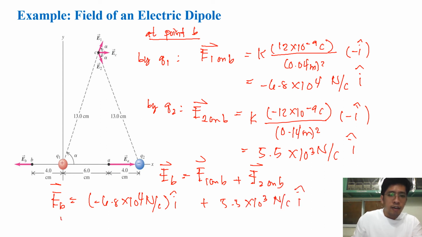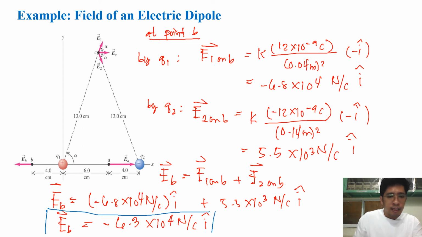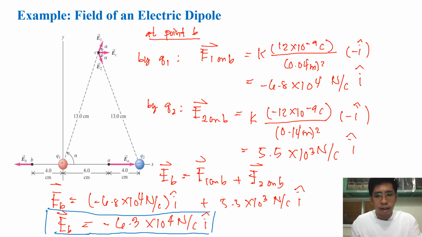You get an answer for EB, the electric field at point B, equal to negative 6.3 times 10 to the fourth power Newton per coulomb I hat. So it's a negative electric field, directed towards the negative x-axis, as you can also see from the diagram. Meaning this point here experiences an electric field towards the negative x-axis.